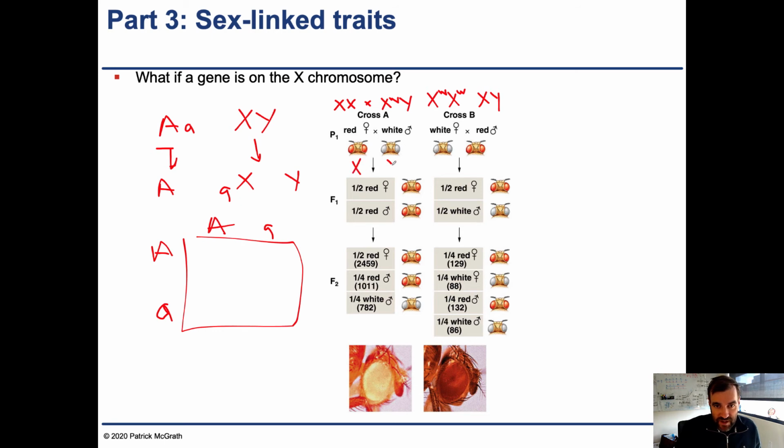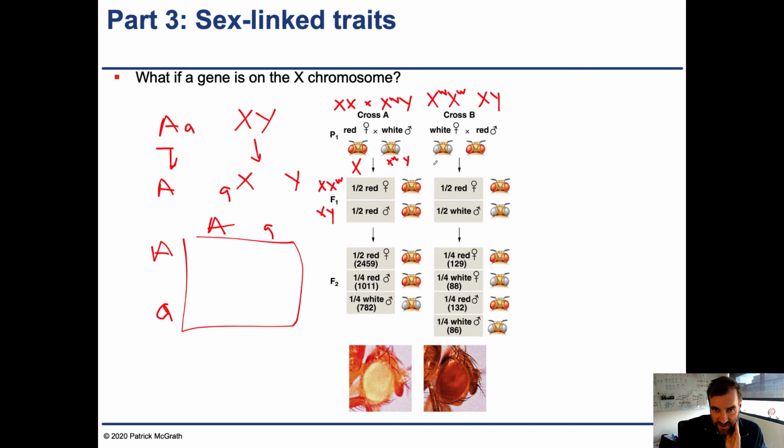This individual has to produce either this or this. So the female flies look like this, and the male flies look like this. The female flies are red because they're heterozygous, and the male flies have red eyes because they have the single copy of the wild type gene.